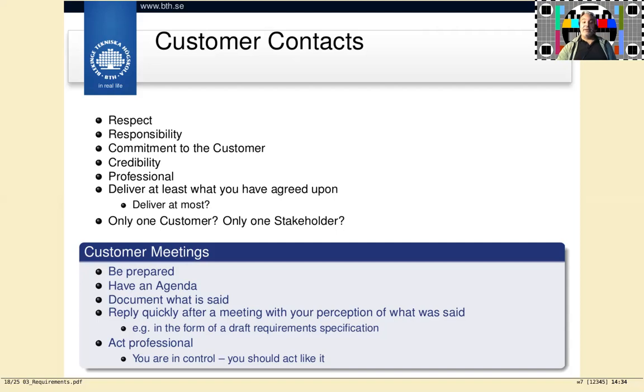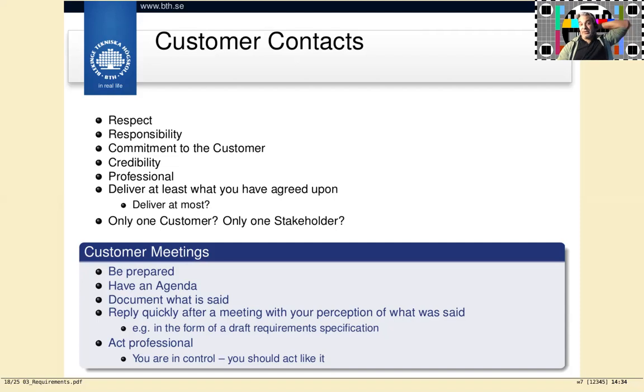You commit to something against the customer. When they say something, you make a note of it, and when you promise to deliver something, you actually will deliver on it. Come across as a professional, come across as believable, that you are actually a software engineer that knows what you're doing.